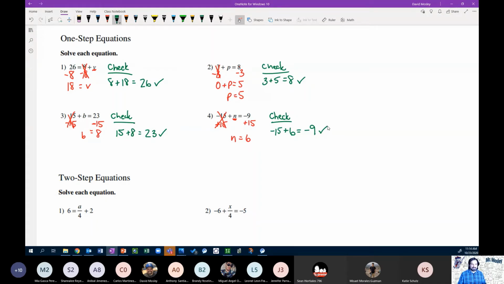I know it sounds silly, but that is one of the most common things that happens in any level math class, is making the kind of error I did with question 3 where I started to add 15, and maybe if I don't catch that because I'm going too fast and I'm moving on, I made a big mistake and I didn't see it. It's not that I don't know how to do it, I just made a mistake, but I didn't check my work, and then maybe I don't catch the mistake. So we check to have the habit of always checking our work.